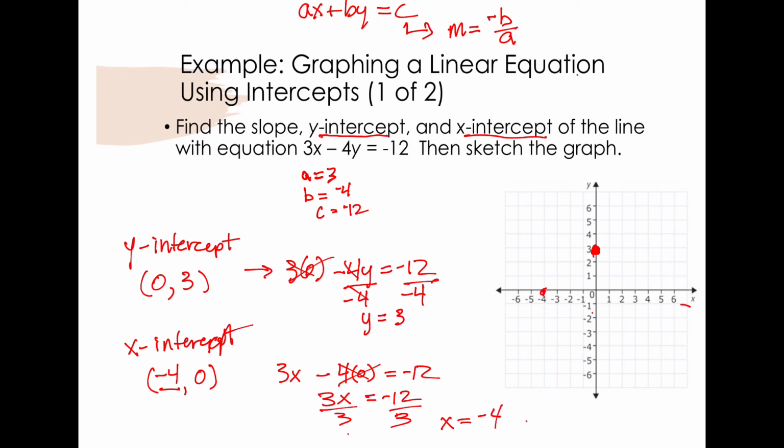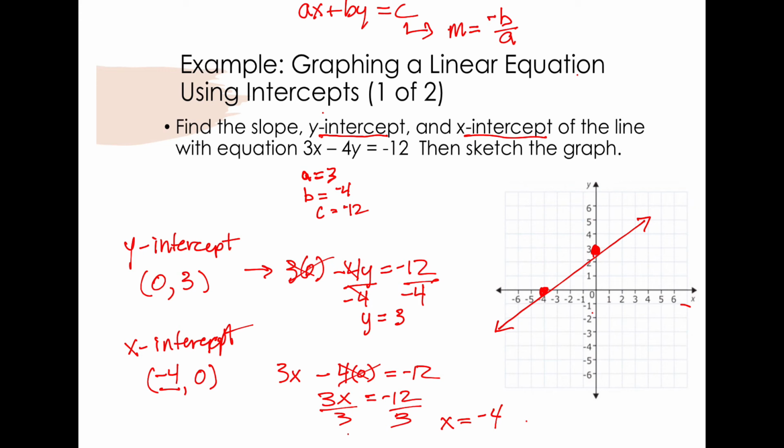So negative 4 is there. My 2 points there, I'm going to go ahead and connect them with a straight edge. Wasn't the best connection, but it's pretty darn close. And that's the graph of this equation.